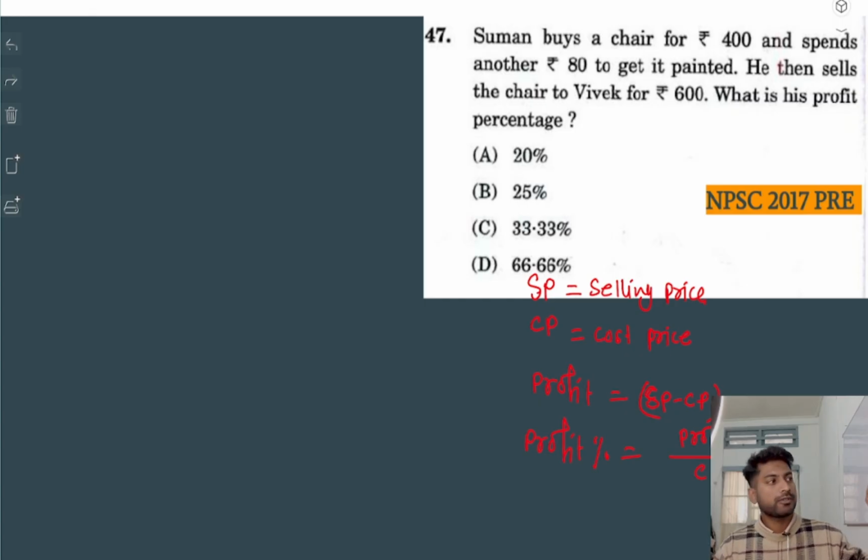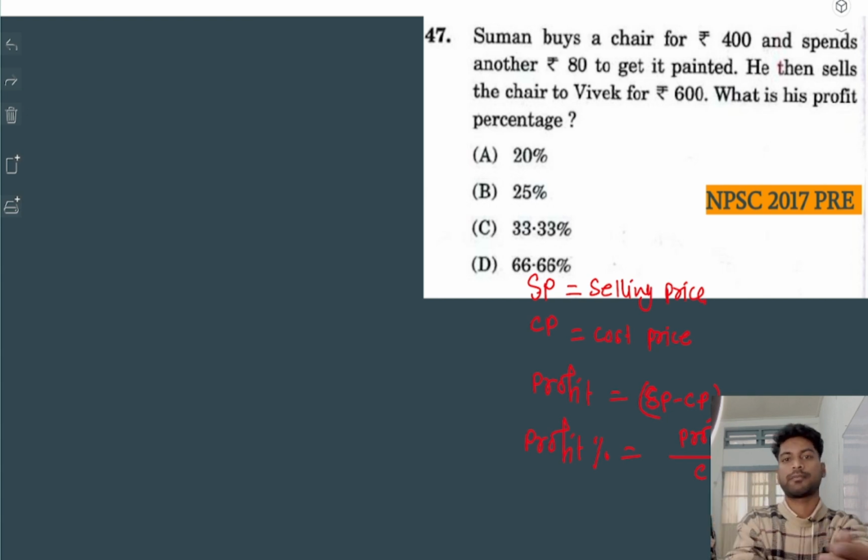I bought from somewhere, that's my cost price, and I'm selling to someone, that's my selling price. CP you can assume as an investment, how much money you are investing. SP means at what price you are selling. Did you understand?